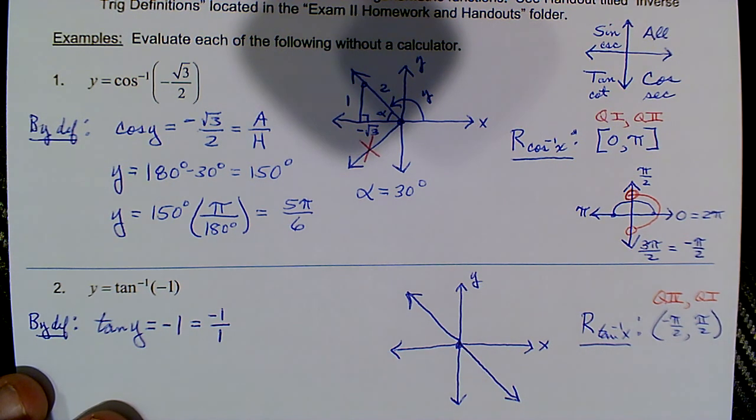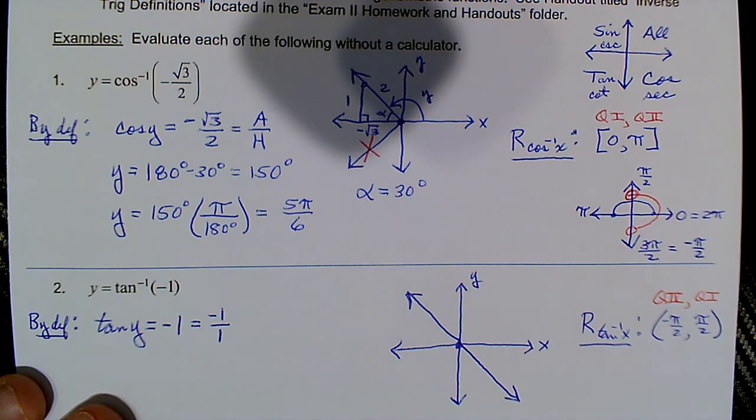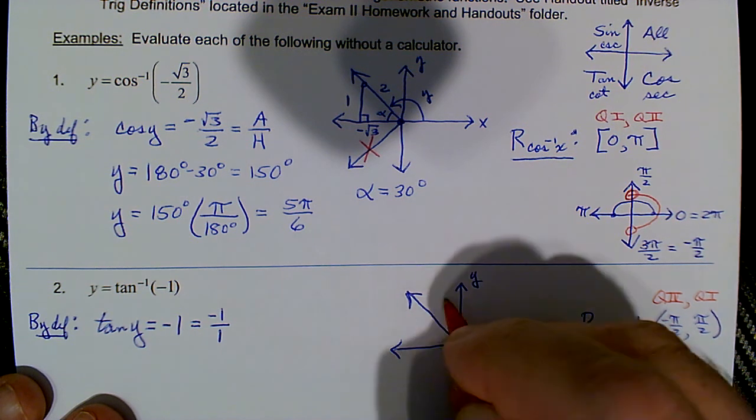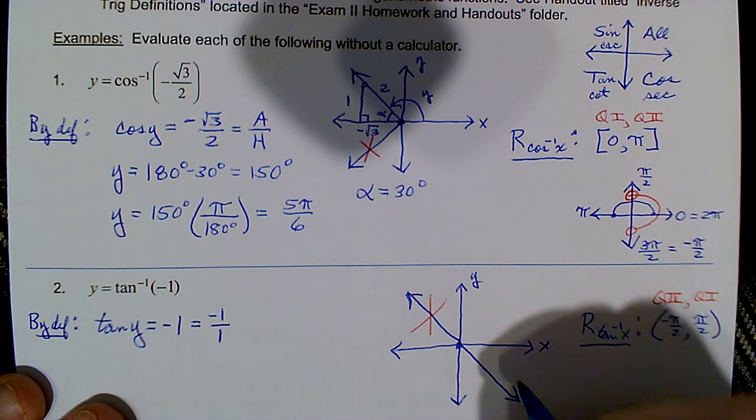Now we put the two pieces of information together. The fact that the tangent of the angle was negative told us we could be in 2 or 4, but based on the range of the inverse tangent, it restricts us to 1 or 4. Therefore, we can eliminate the angle in quadrant 2 and work off the angle in quadrant 4.